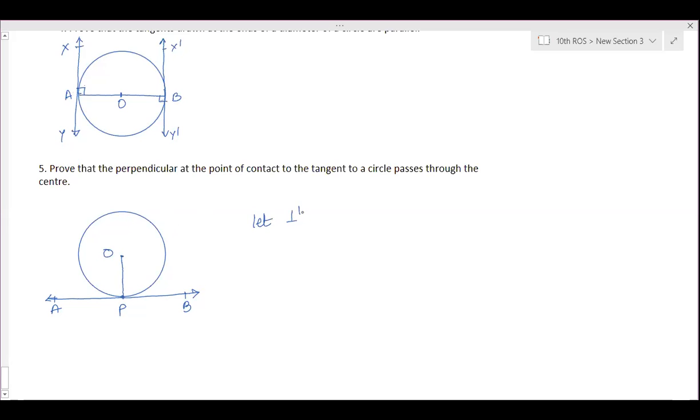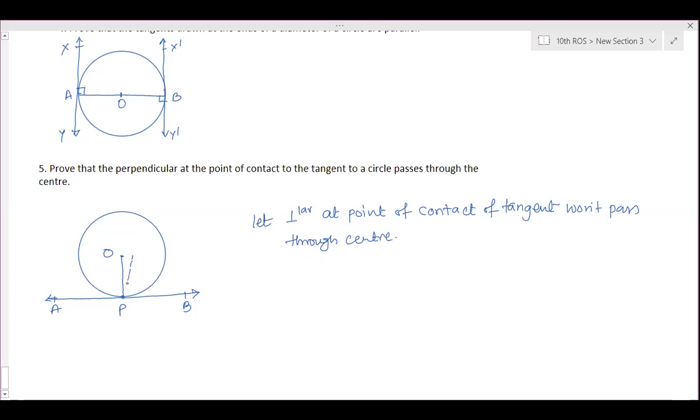Let the perpendicular at the point of contact of tangent won't pass through center. That means it will pass somewhere else.